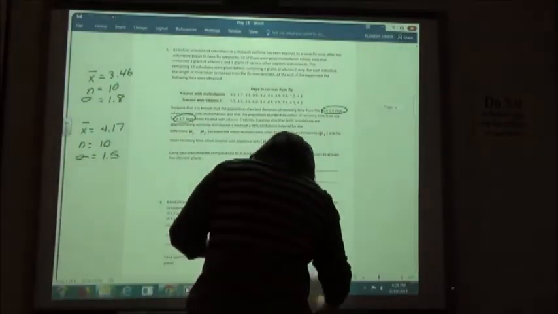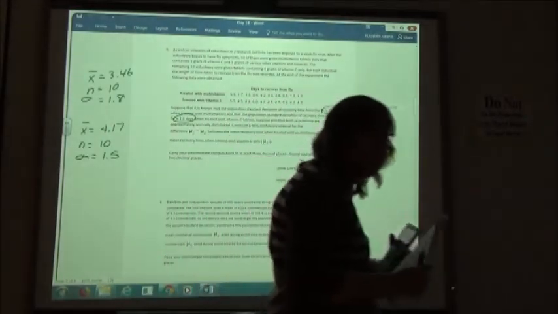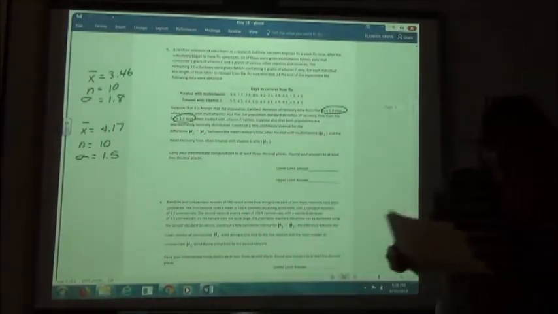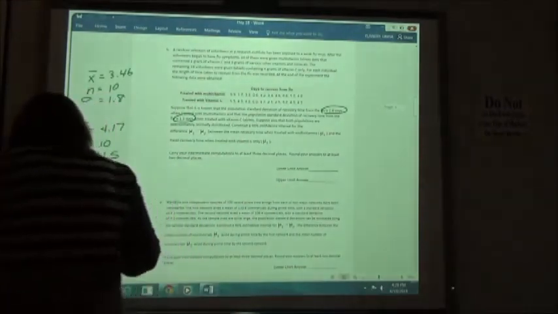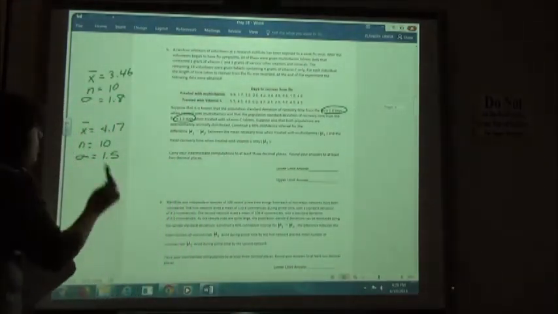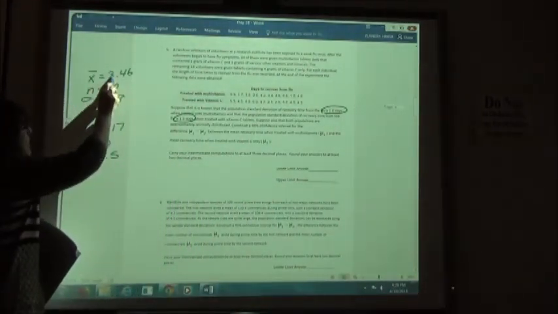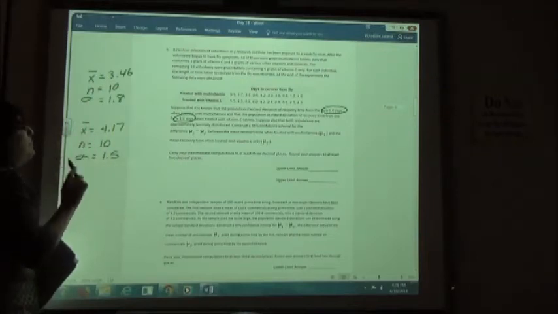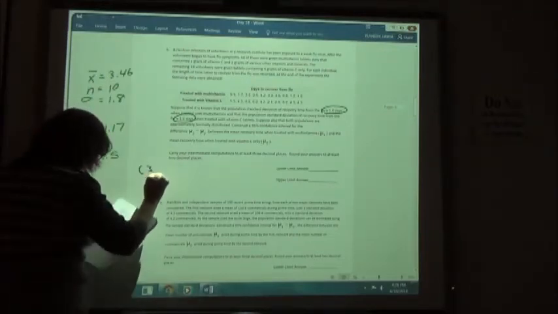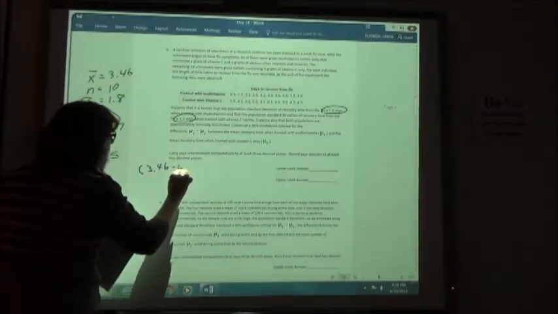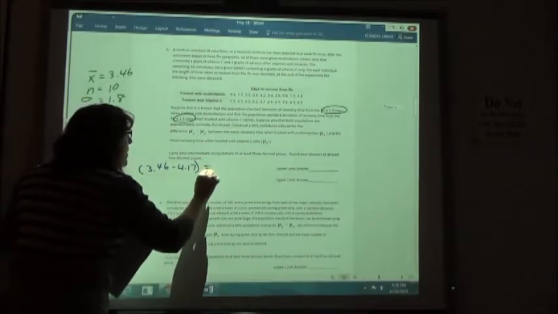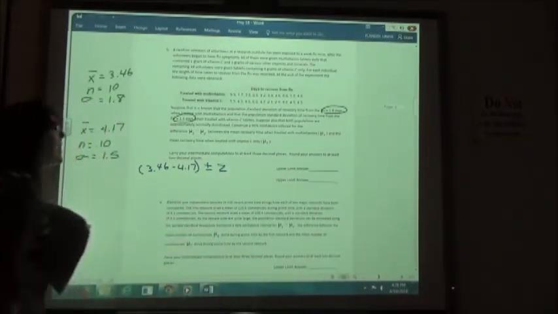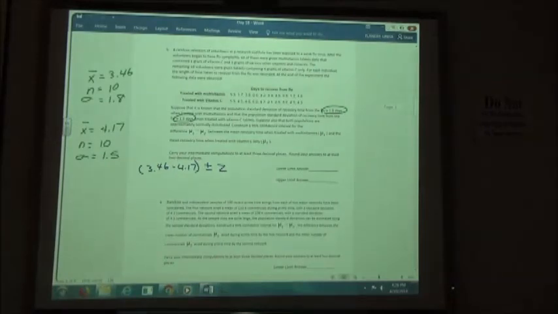All right, now that we have those numbers, we can get to our formula. So, on our formula, we are going to do the mean from the first minus the mean from the second. So 3.46 minus our 4.17 plus or minus z sub. I have to find my confidence level.